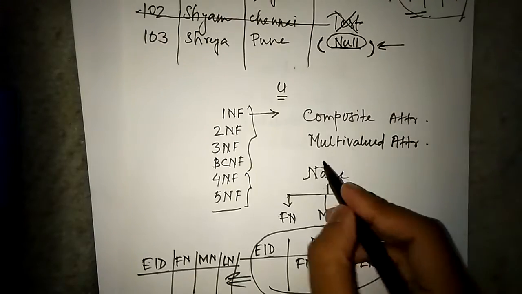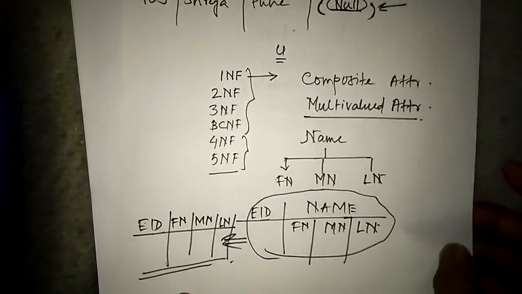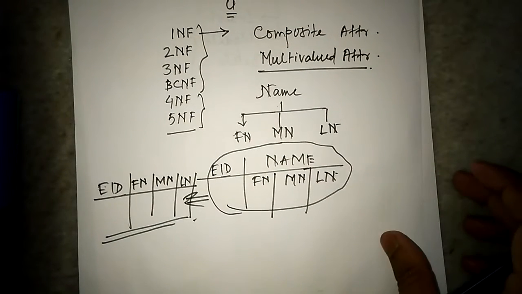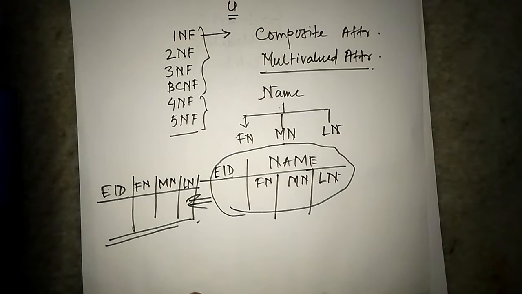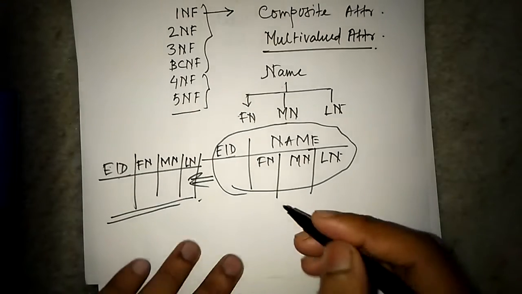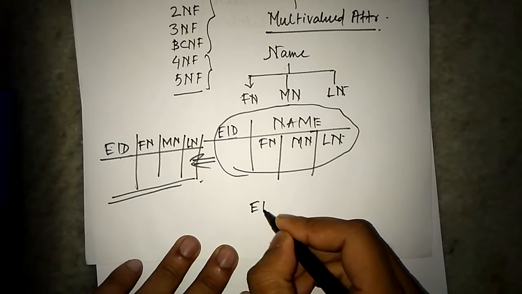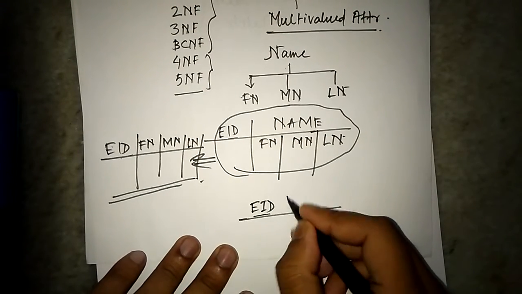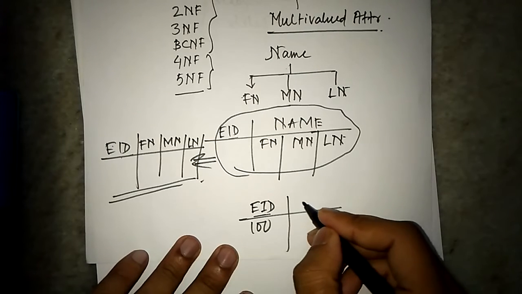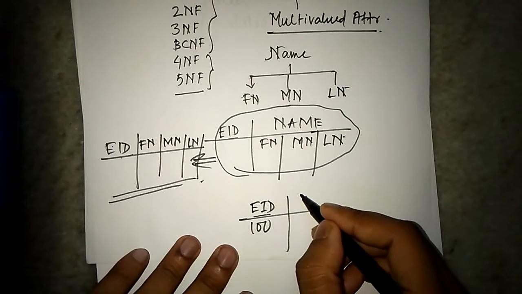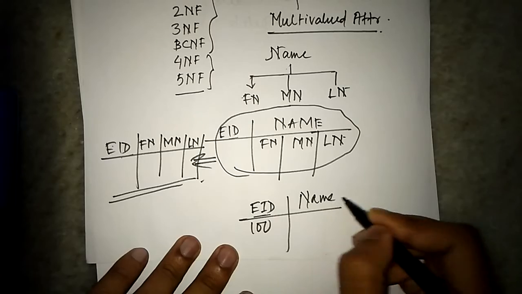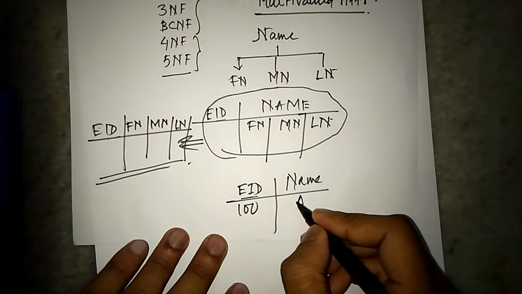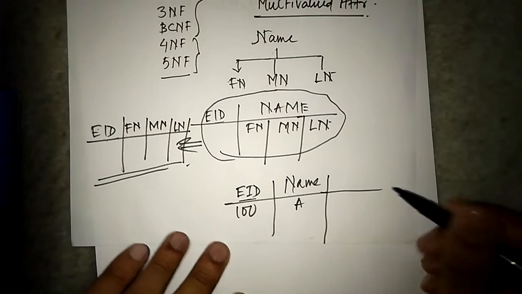And what is a multi-valued attribute? A multi-valued attribute is one where a given attribute has more than one value. Suppose there is an employee ID, say 100, and his name is, like, anything A, and he has two phone numbers.